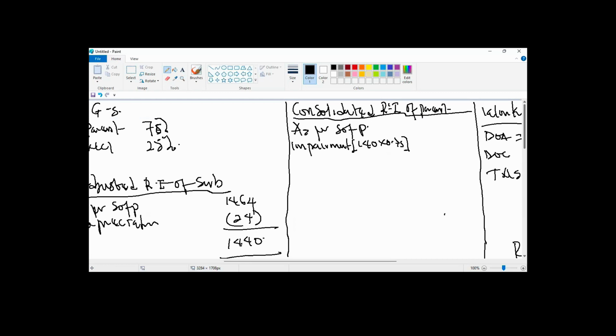What is the return of the parents? 4384. Then impairments, 105. Share profits, 0.75 times 440, 330.